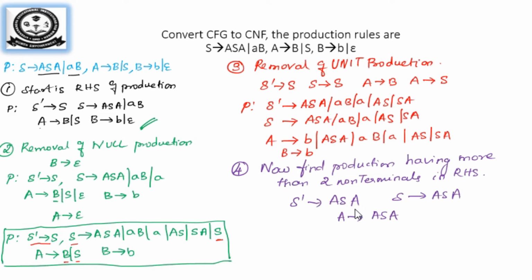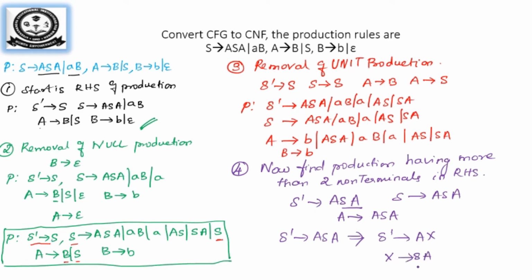So what you will do is, we will try to form a new rule, that is, I will take SA as a substring. So if S dash tends to ASA, that can be converted into S dash tends to AX. What X will be is, X will be SA.